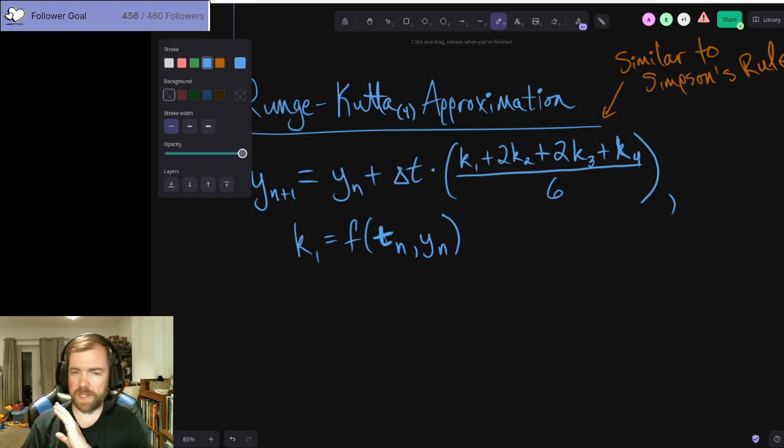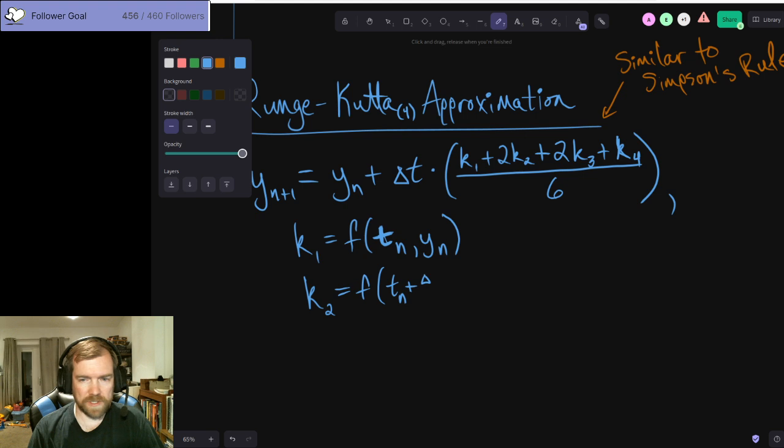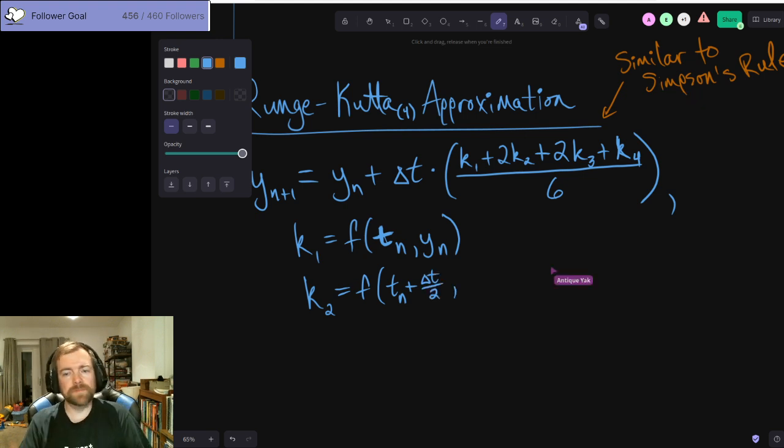So K1 is just the slope starting from wherever we are. K2 is going to be the slope from the halfway point, t sub n plus delta t over 2. So at this point, we're only going over 0.05 rather than 0.1 if we're going to use this.